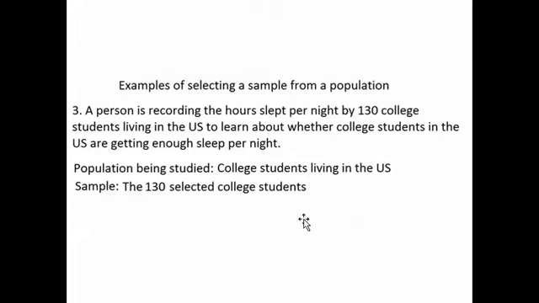But if I collect data from all Stanford students as a way to learn something about the entire US college student population, then I've actually collected data from a sample of the population that I want to learn about.